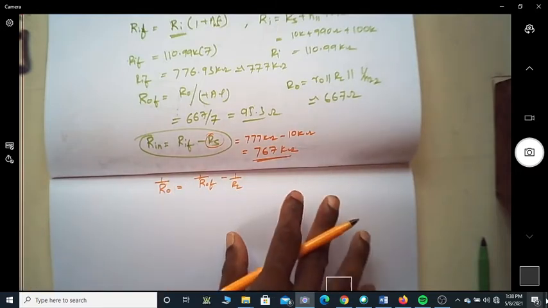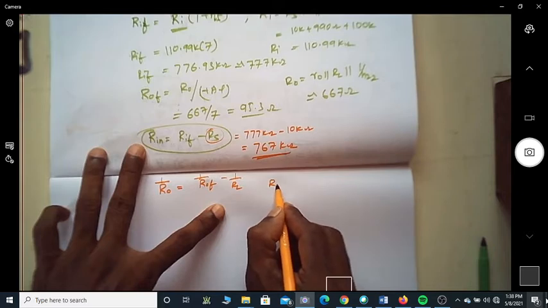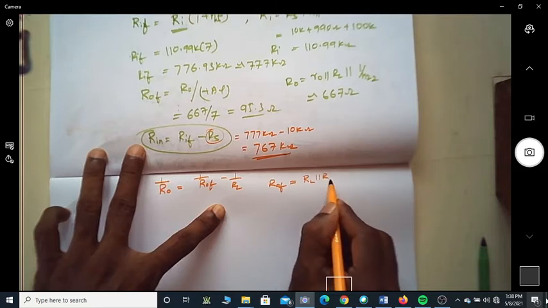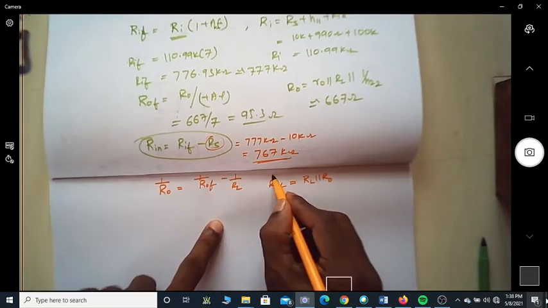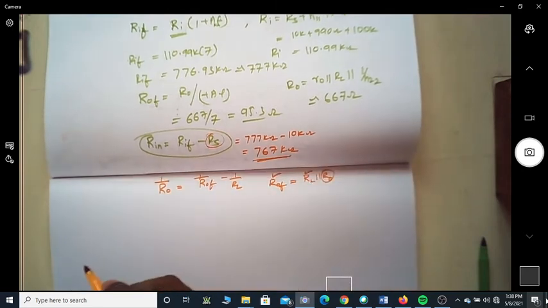Or I can say ROF is equal to RL in parallel with R naught. Since we know this, I can find out the value of R naught.